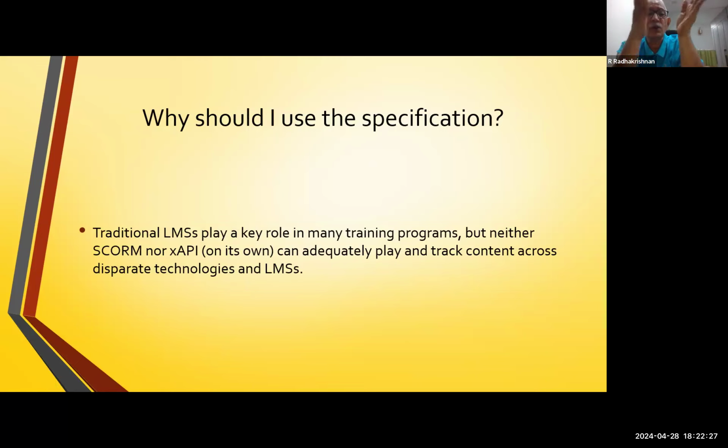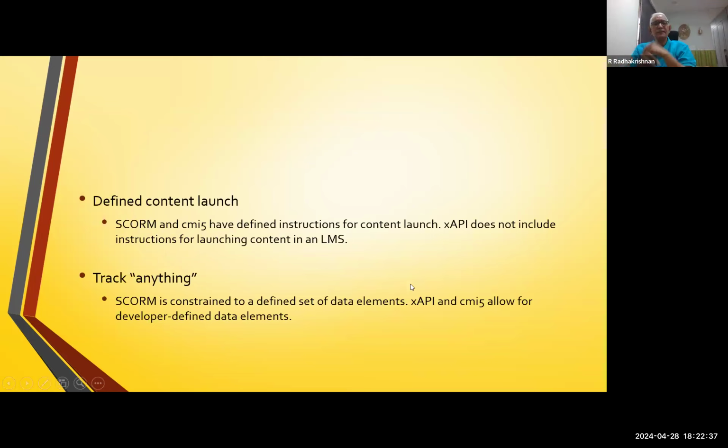Where SCORM and xAPI have their limitations, cmi5 can be used to launch such content. SCORM and cmi5 have defined instructions for content launch. xAPI does not include instructions for launching content in an LMS.